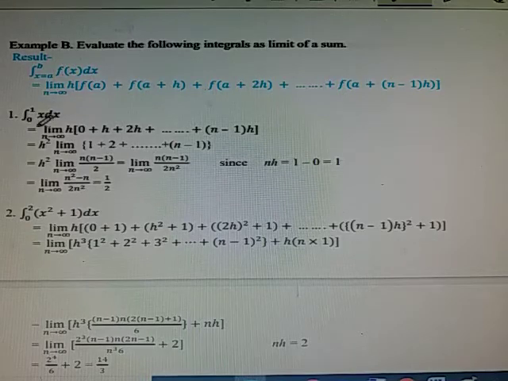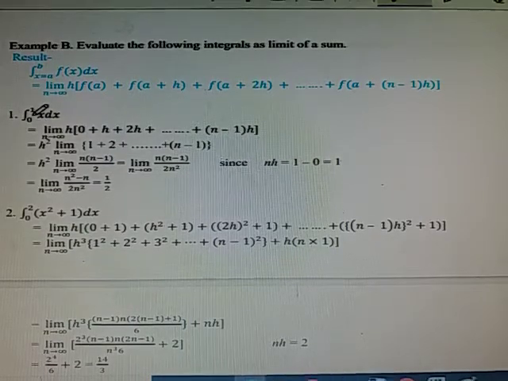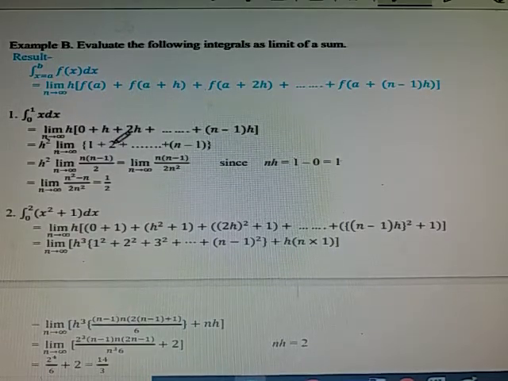So first one, you see how it is done. Our f x, so h is always common here, h is the width of the interval, and see how we are writing this one. Our function is x, and we are starting from 0.